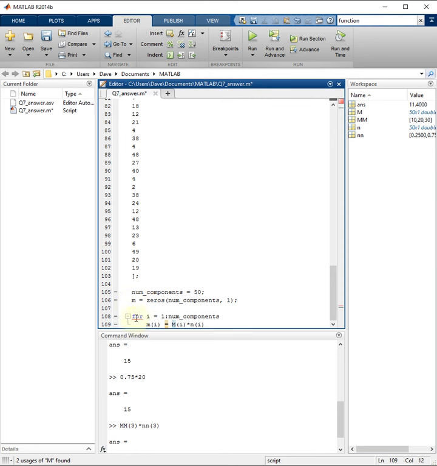When I go into the loop, I start to fill in the numbers in this matrix. So I replace all the zeros with the actual mass flow rates. So the ith element in this mass flow rate vector is equal to the product of the molecular weight for the ith component times the molar flow rate of the ith component.